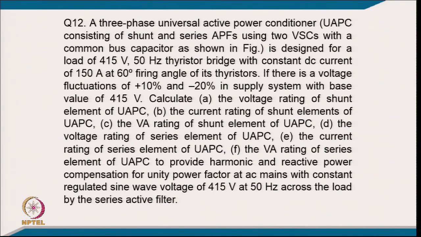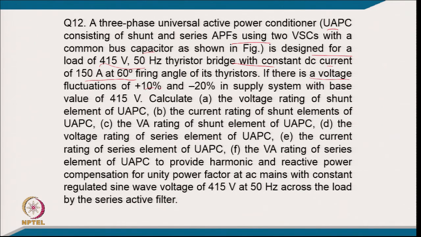So coming to the 12th numerical problem, a 3-phase universal active power conditioner consisting of shunt and series active filter using 2 voltage source converters with a common DC bus capacitor is designed for a load of 415 volt 50 hertz thyristor bridge with a constant DC current of 150 ampere, 60 degree firing angle of the thyristor.